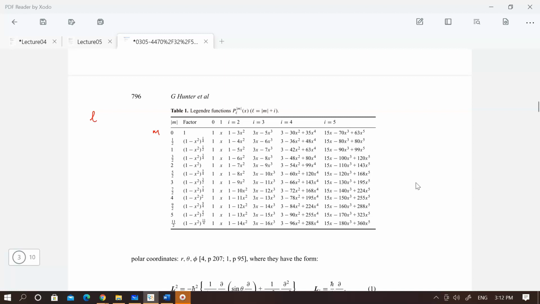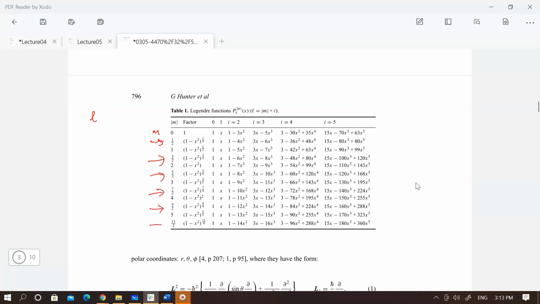But in addition, there are other labels which classify the functions differently, but essentially what you can do is now you can actually find all this PLM with half integer quantum numbers.